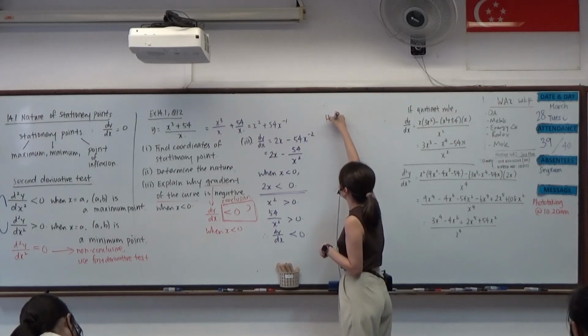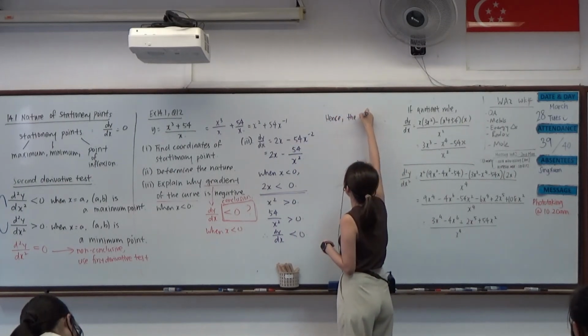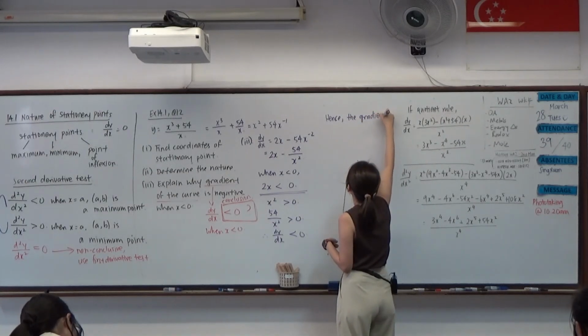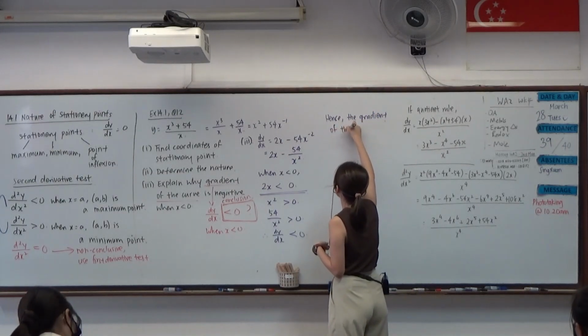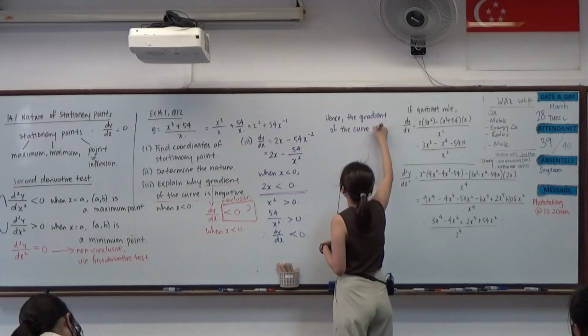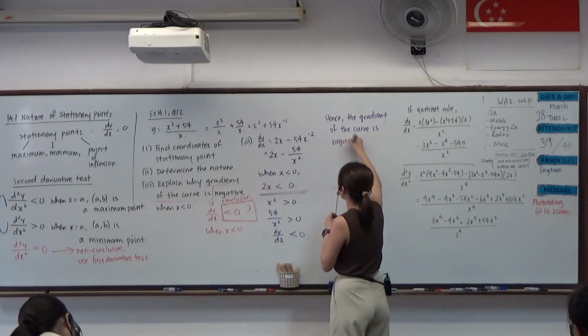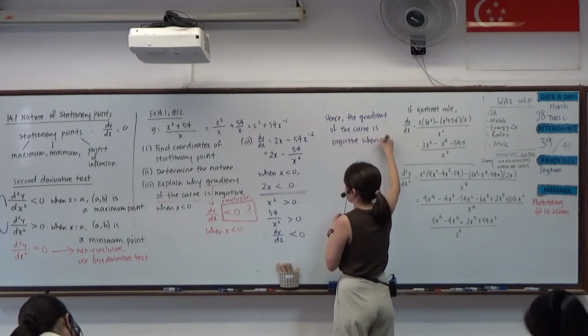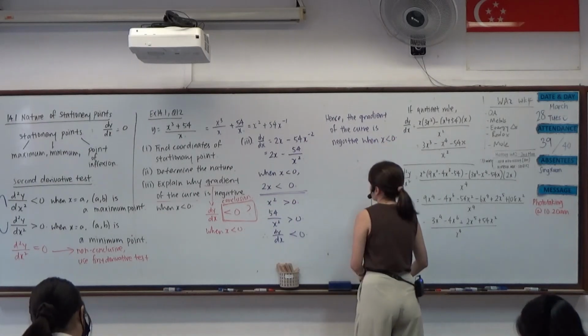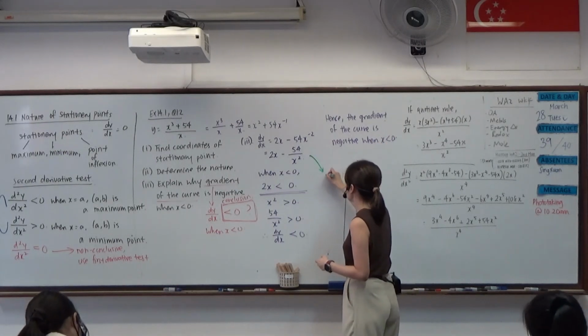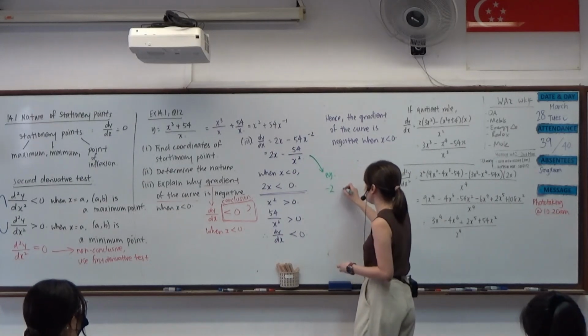So hence the gradient of the curve is negative when x is less than 0. Here is an example to help you imagine.